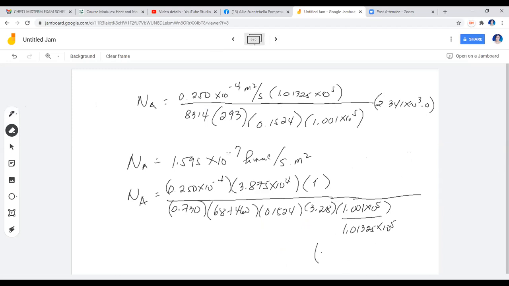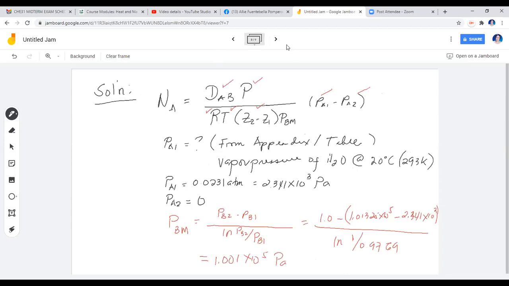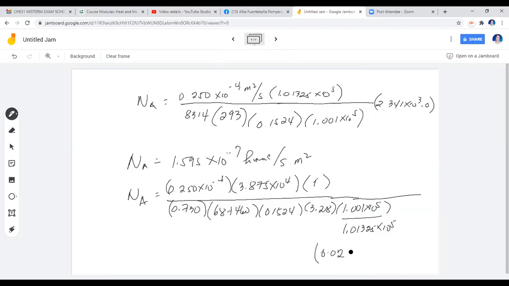So this should be 0.0231 minus 0. So ATM. By the way, class, this one here is to be by multiplication. It's not division.